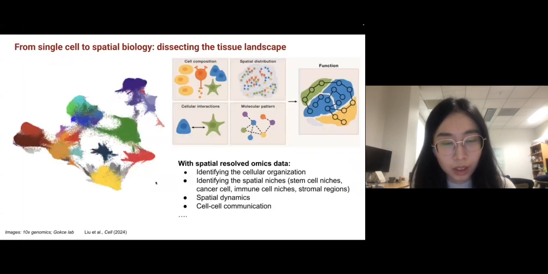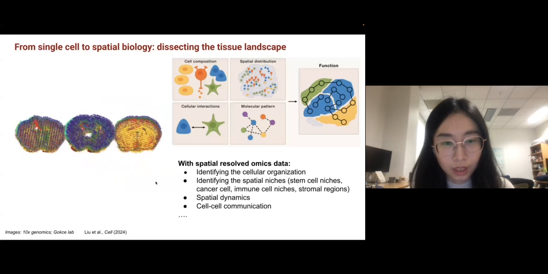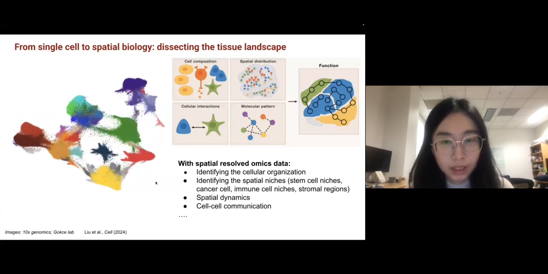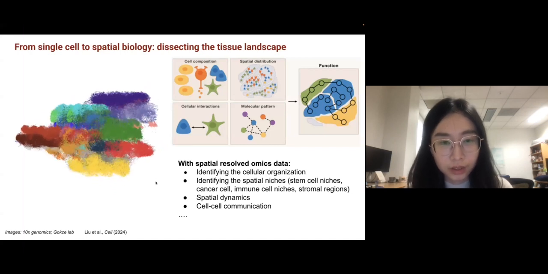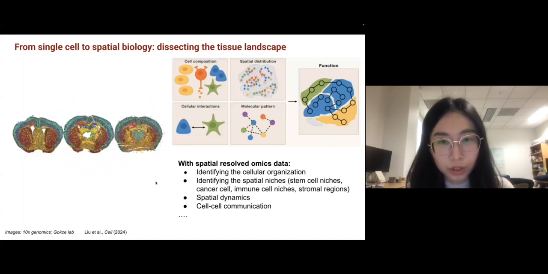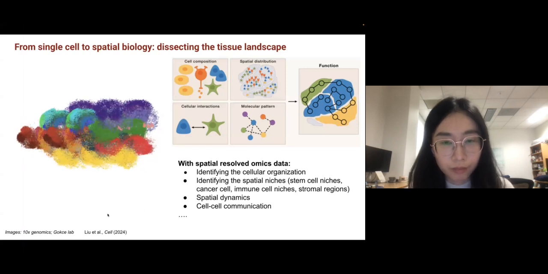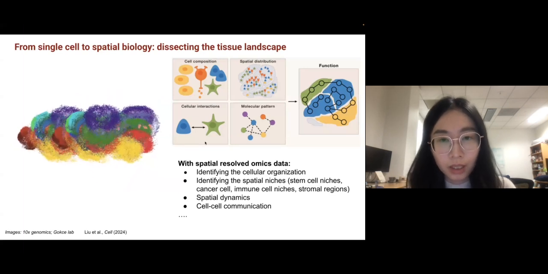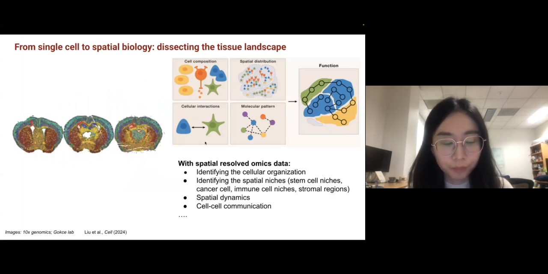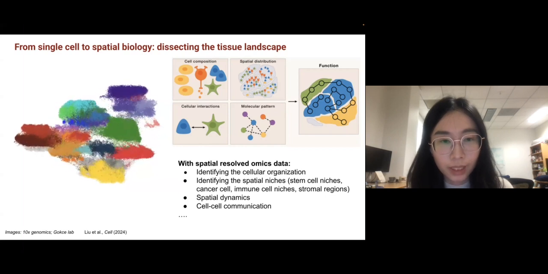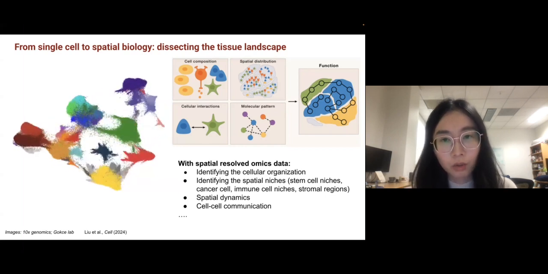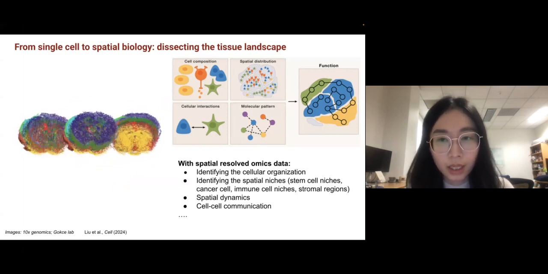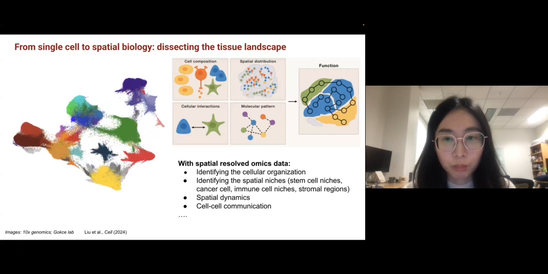I think researchers want to know what exactly the cells are communicating with their neighbors, because usually cells are not isolated. They have their locations and are affected by their neighbors. As this paper has discussed, there are four major factors related to these spatial points. One is the cell composition, along with how the cells are distributed across the space, which forms the spatial patterns.